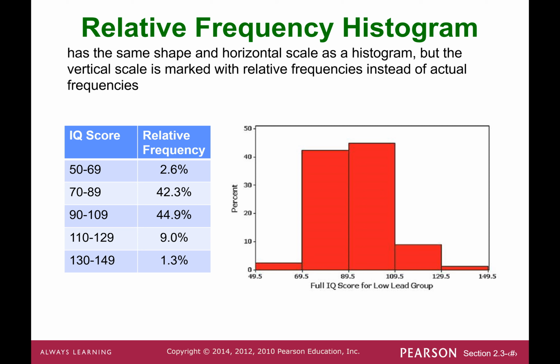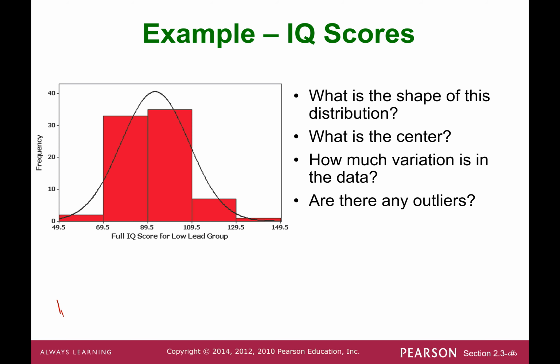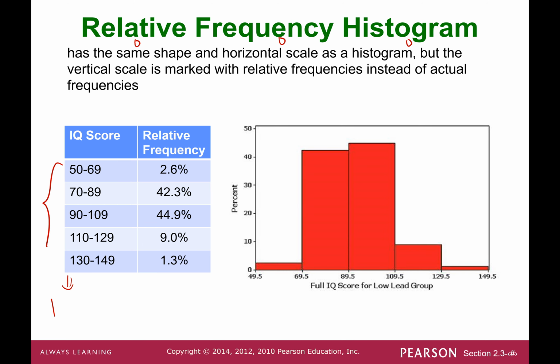And let's take a look at the relative frequency histogram. On the horizontal axis, we're still using classes. Classes become the horizontal X axis.